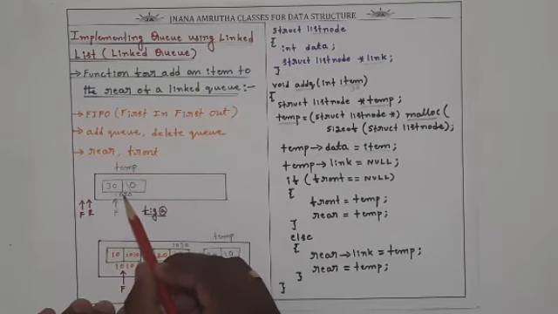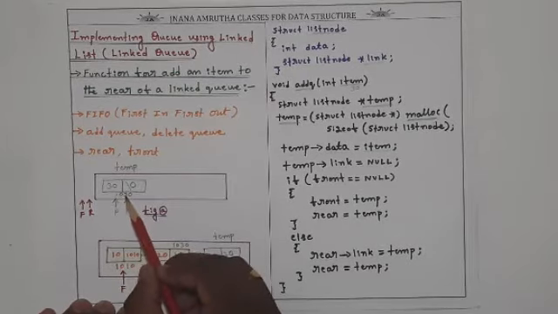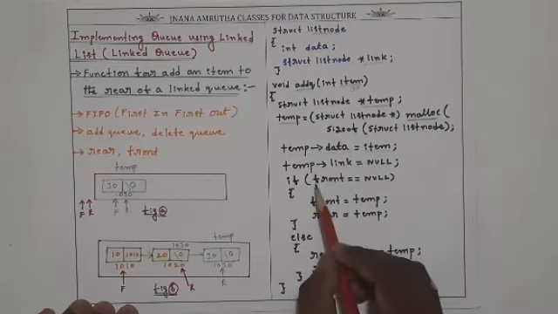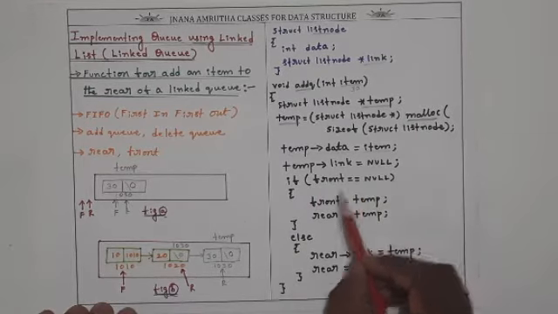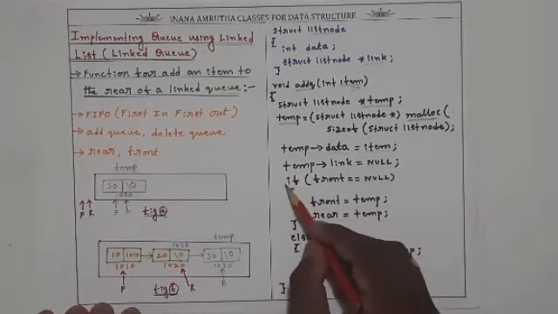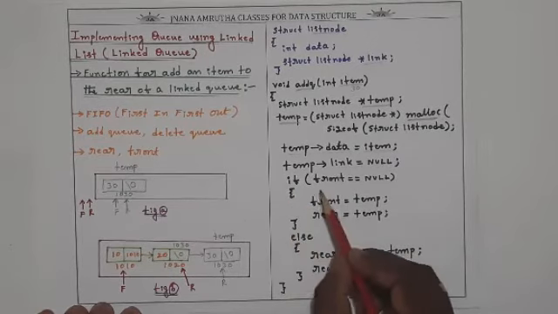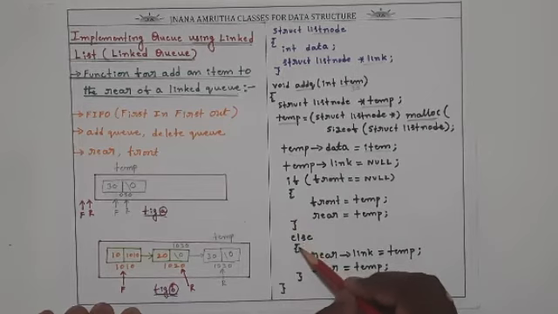Both pointers are pointing to the temporary node, the first node in the queue. Next, when front is not equal to null, this condition is false, so control directly goes to the else part.